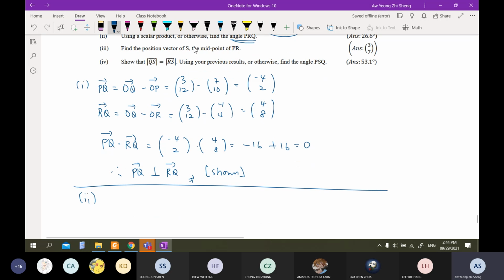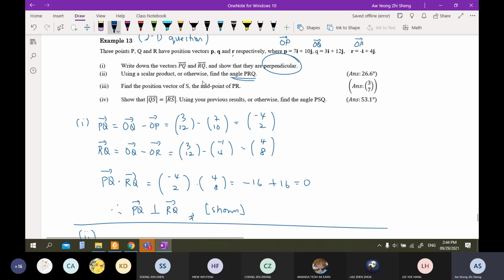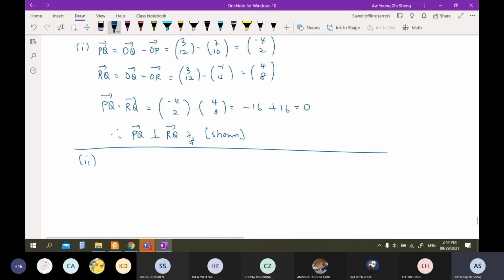Although here they say otherwise, they actually allow us to use some other methods, but I think using scalar product is still easier. Now the angle that they want to find is angle PRQ. Two vectors that you need are RP and RQ. Do we have RP? Actually, we don't have yet. So let's find the vector RP.